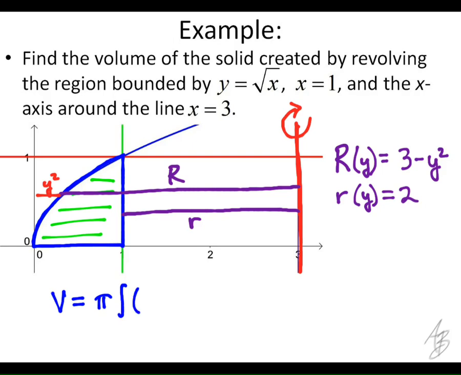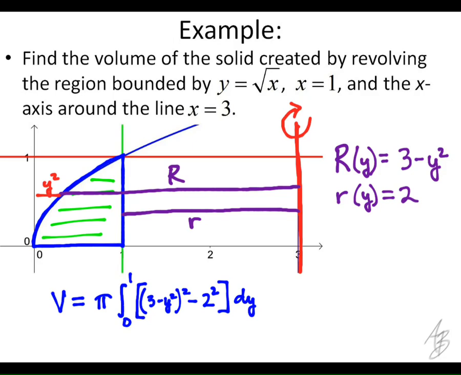Big R squared, so we're going to have 3 minus y squared, squared, minus little r squared, 2 squared, with respect to y. And since we're moving along the y-axis, what's our minimum y value going to be? 0. And the maximum? 1.